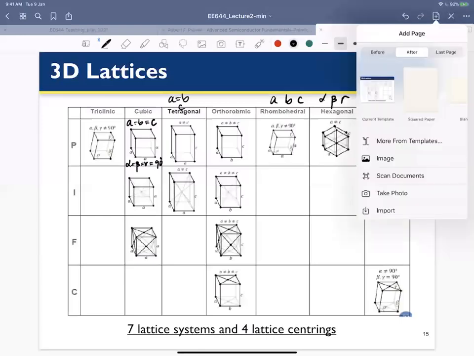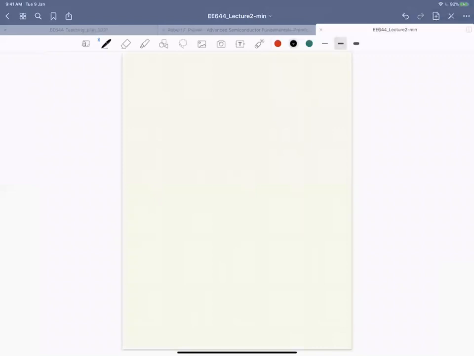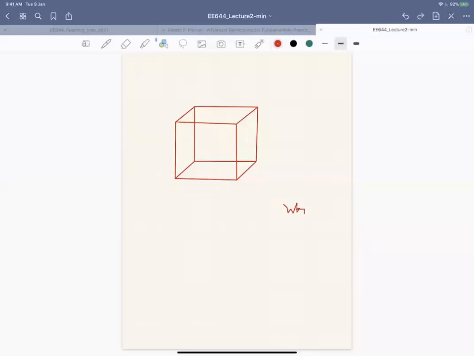So let's take an example. If I take a simple cubic lattice, let's say A equal to B equal to C, and alpha equal to beta equal to gamma equal to 90 degrees.